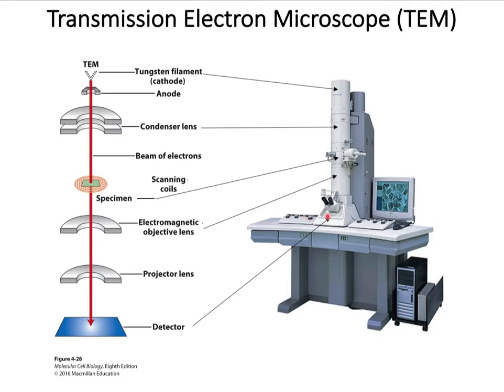The detector is a phosphor screen, and it lights up if an electron hits it, just like an old box TV. You can directly visualize the phosphor screen with a binocular eyepiece, as shown in the figure. There is also a camera under the phosphor screen which captures the image and projects it onto the monitor as well.